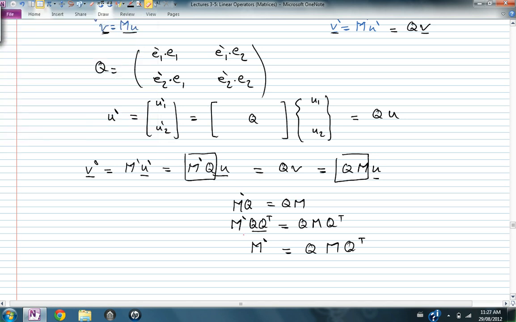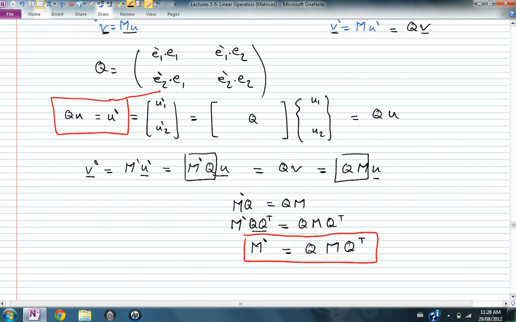First one is that, and the second one is this. The new components of U, denoted U prime, is equal to this matrix Q multiplied by U, and the new components of the matrix is equal to Q multiplied by M multiplied by Q transpose.